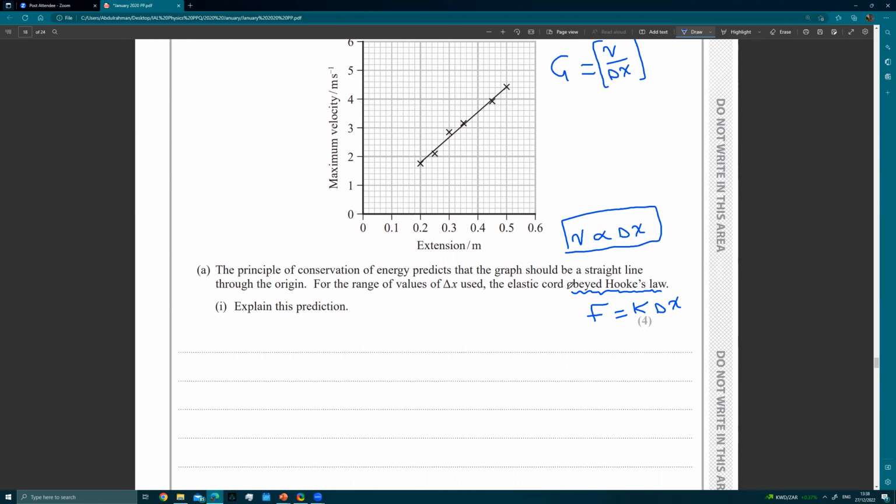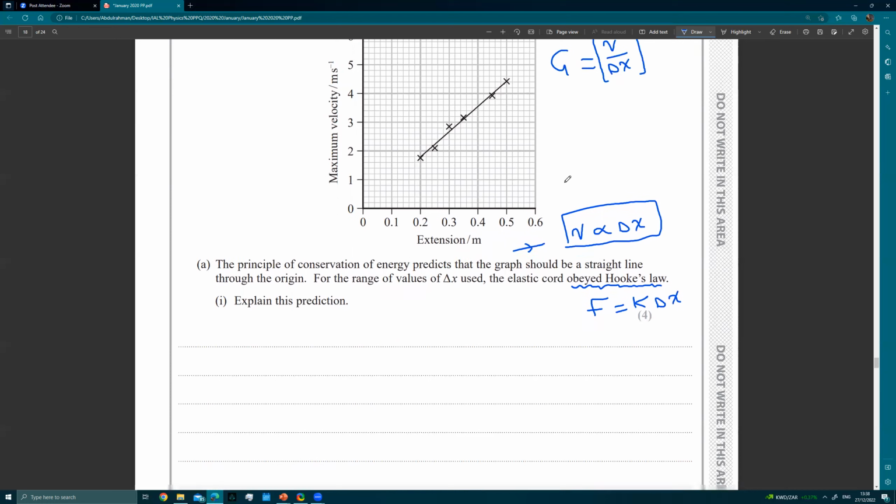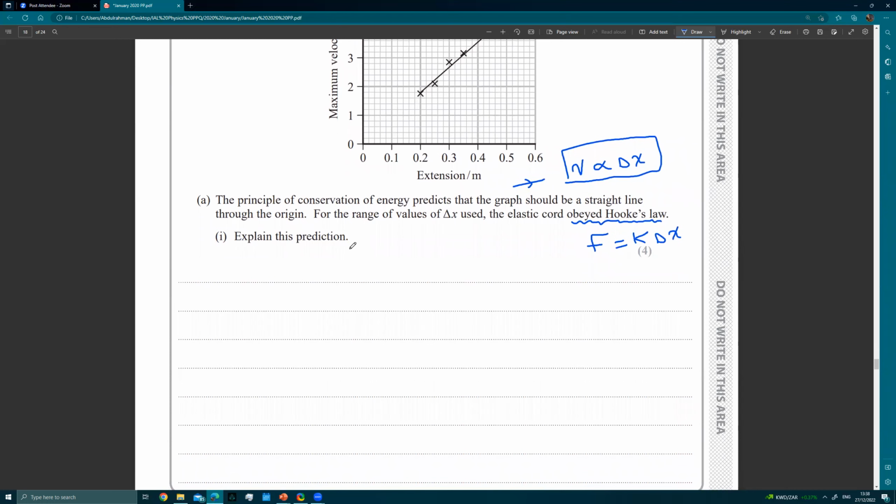Explain this prediction, i.e. explain how the conservation of energy leads to this relationship, which is velocity is proportional to extension. Well, let's start by considering the energy transfers. It's from elastic, so half force multiplied by extension, and that's all converted to half mv squared, assuming obviously no energy is lost.